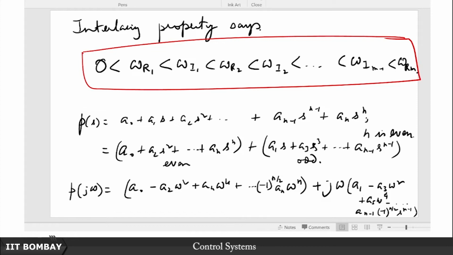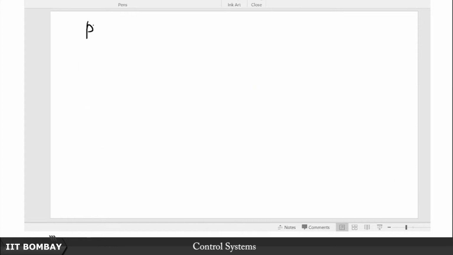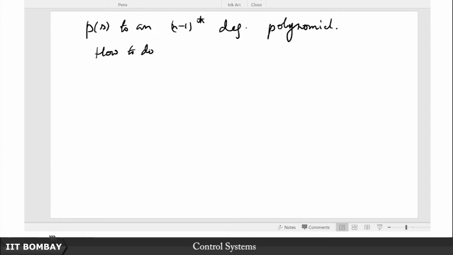Okay. Now what the central idea is going to be at this point is, if you want to go from P(s) to an n minus 1th degree polynomial, how to do it? How to do so?